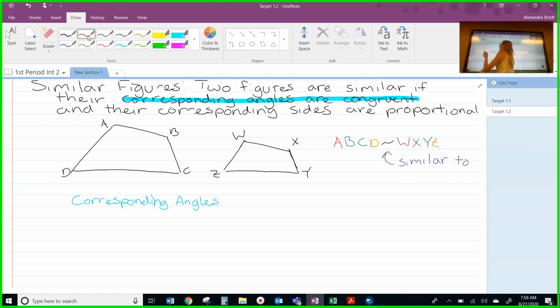If I start with A, what angle is the same as angle A? Well, angle A and angle W are in the same place. So I would say angle A is congruent to angle W. And remember, this symbol, an equals with a squiggle, means congruent.